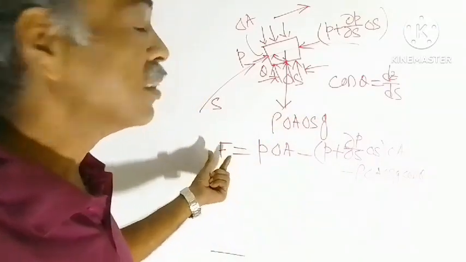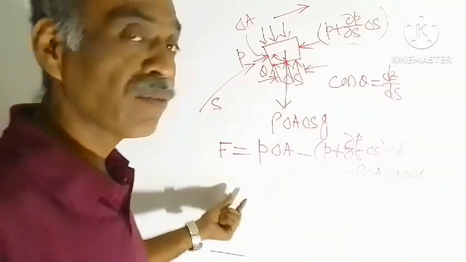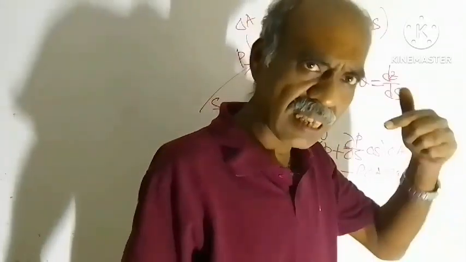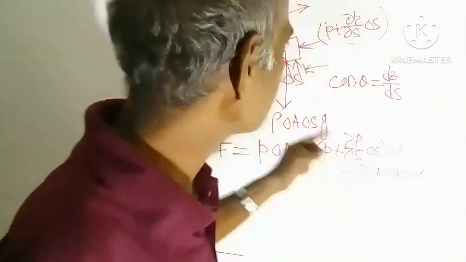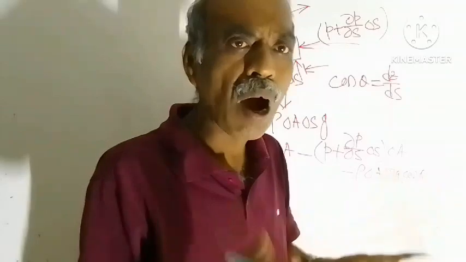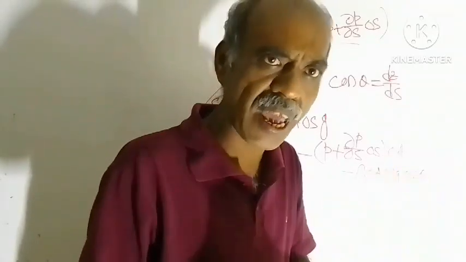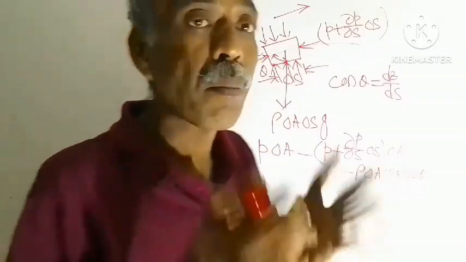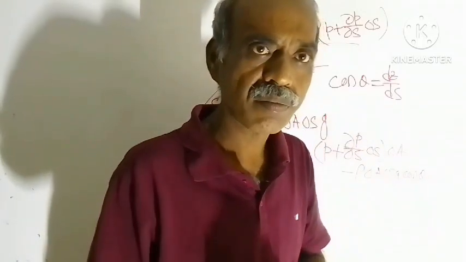And here we need not write F is equal to d/dt of mv, because in this derivation we have taken control mass system, and in case of control mass system, mass of the fluid element remains constant. Therefore, this F can be replaced directly by mass into acceleration.